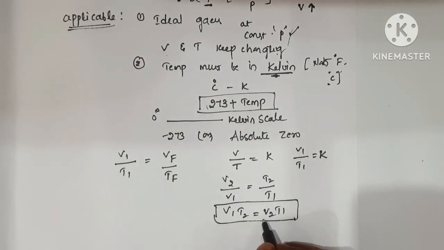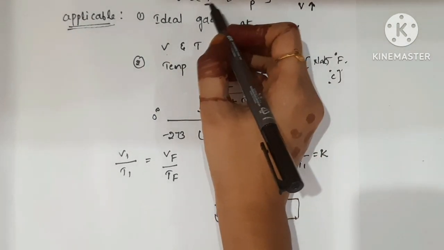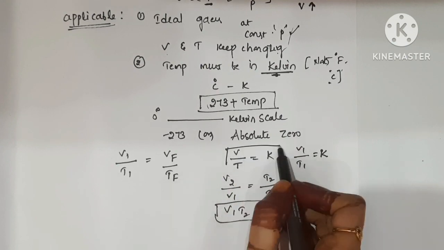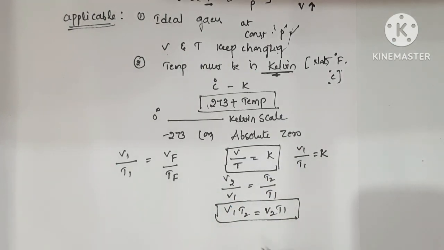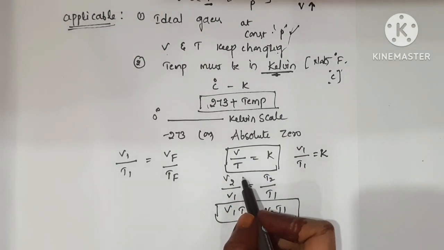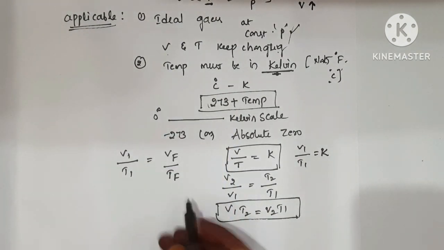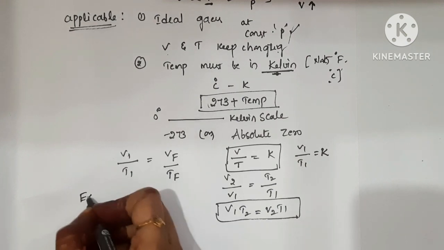So this is the equation for Charles's law, right? V is proportional to T, you have to remember. V by T is equal to K, where K is the proportionality constant.